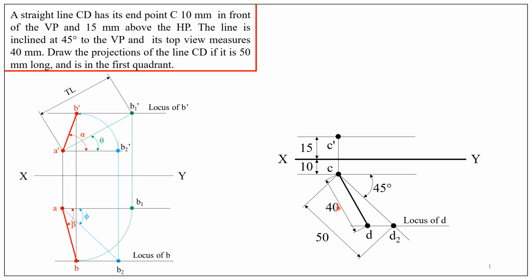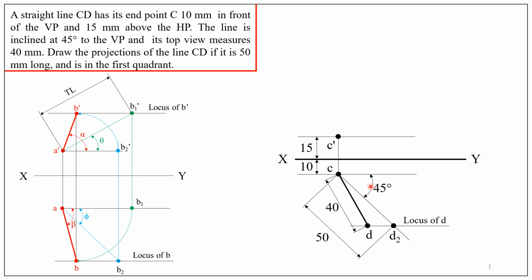Now we want to draw the front view. And remember, CD2 on the 45 degree line represents the true length of the line, or simply it is the top view of the line when it is assumed to be parallel to the HP. So CD2 is a top view assuming the line is parallel to HP. And what is its corresponding front view?